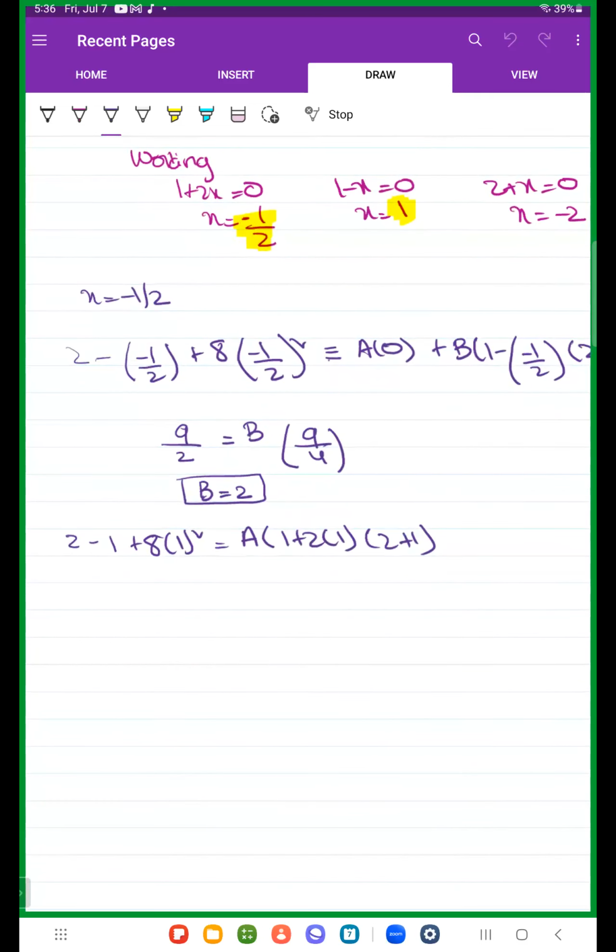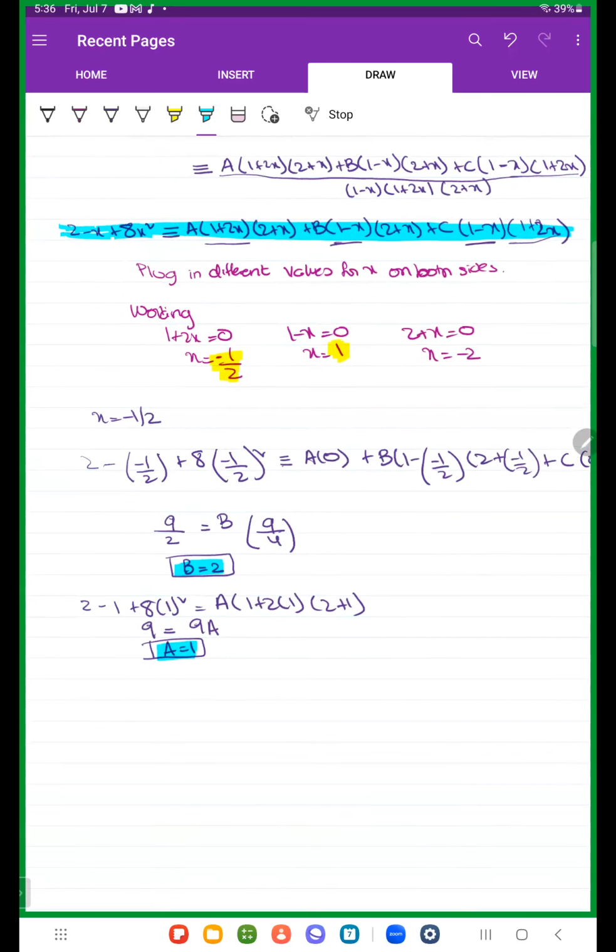So can you solve for A now? I'm getting 9 on both sides. Yes, so you get A as 1. Okay, great. Can you solve for C yourself and tell me the answer?